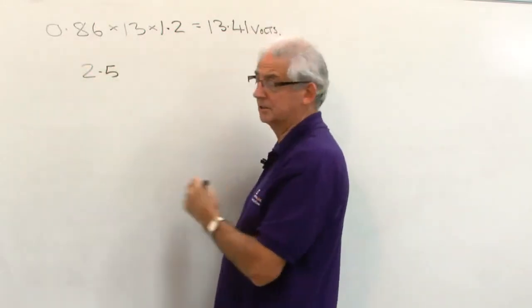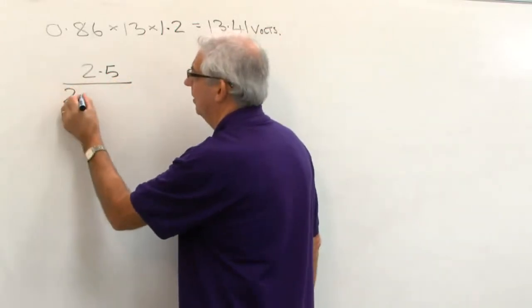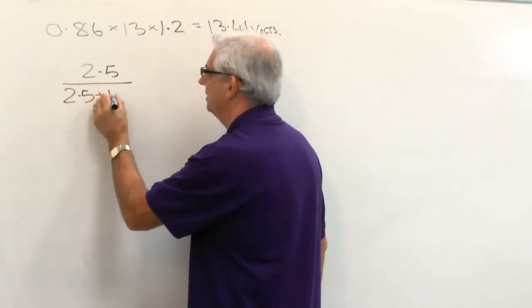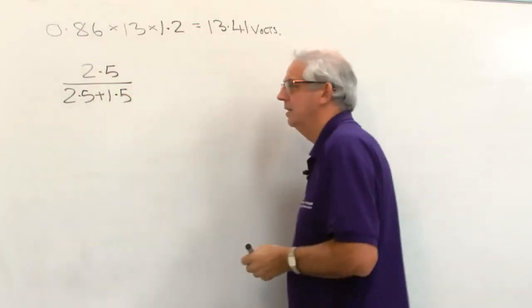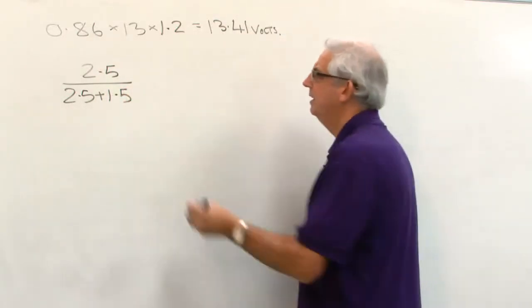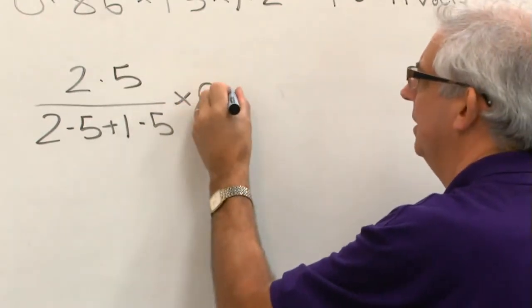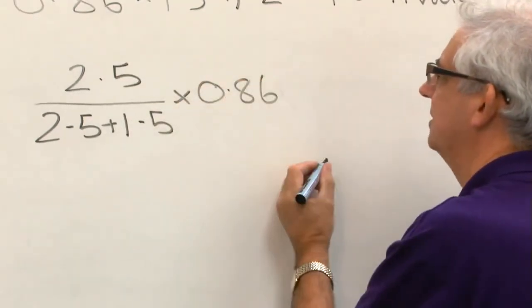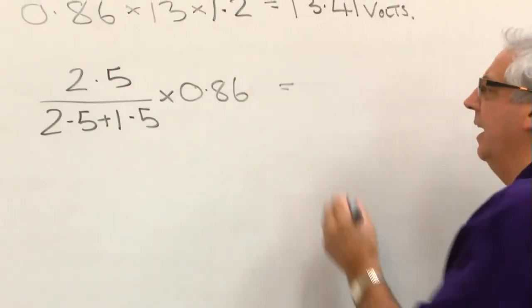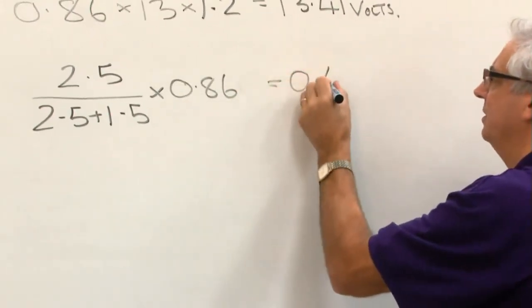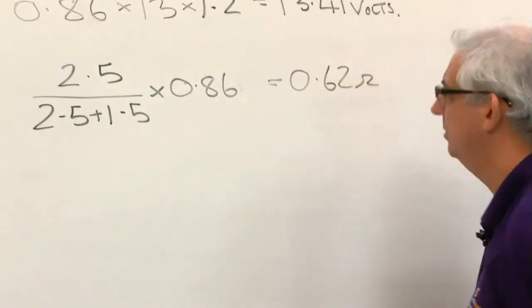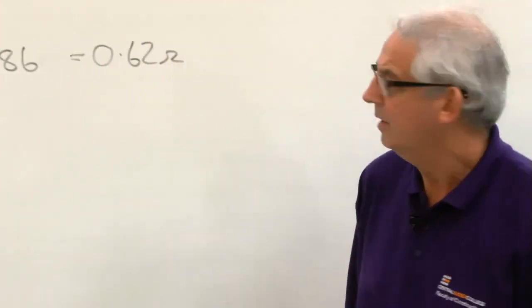The line conductor size divided by the line conductor size plus the CPC size, and times our R1 and R2 value, which is 0.86. The answer to that is 0.62, which is in ohms, of course.